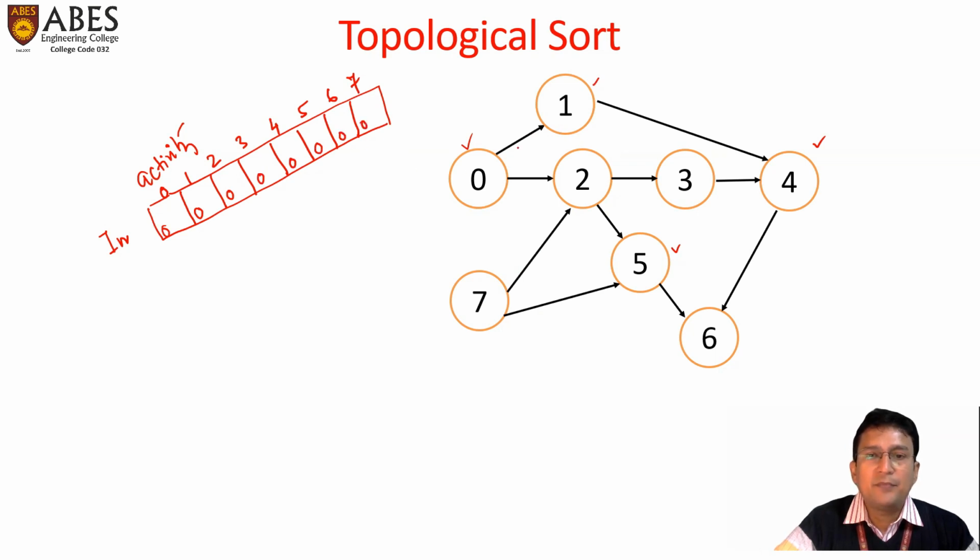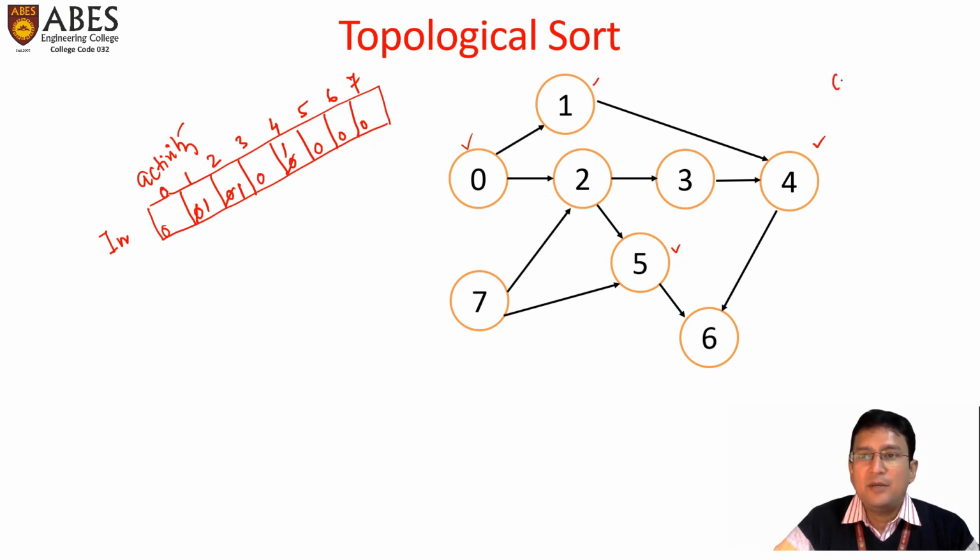And then we see what the connections are from the different vertices. From 0, the connection is 1 and 2. So 1 is incremented by 1 and 2 is incremented by 1. From 1, the connection is to 4. It means the edge is from 1 to 4. Hence, we increment this value by 1. Similarly, one by one, when you do so, you will find out all the connections from one another.